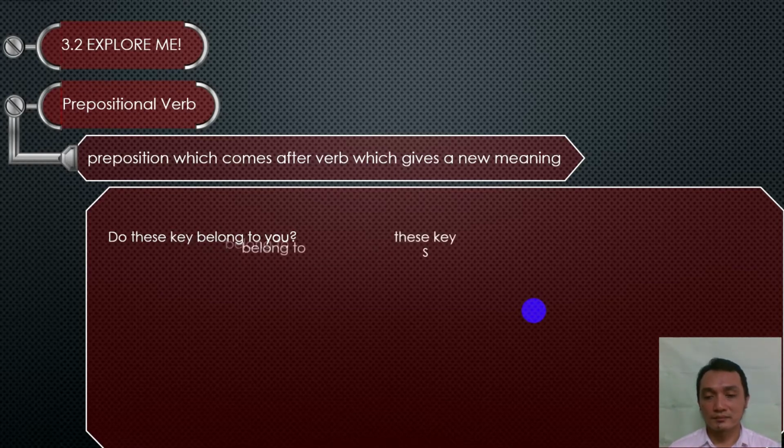This key is the subject, and belong to is a prepositional verb, because belong followed by a preposition is called a prepositional verb. Belong to, and then you is the complement as a pronoun, or it's called the object of the preposition.